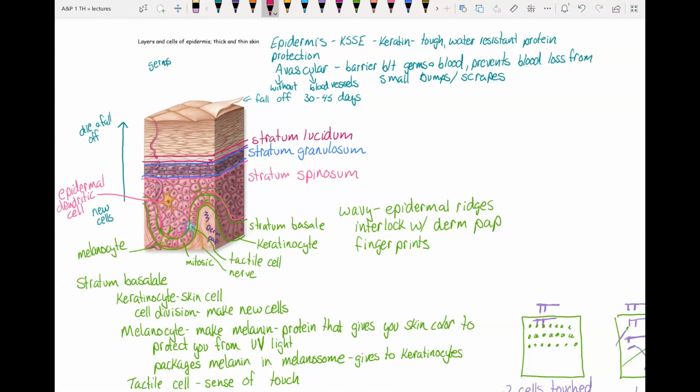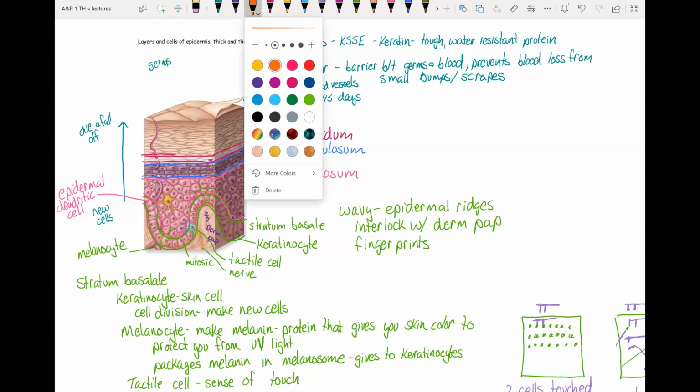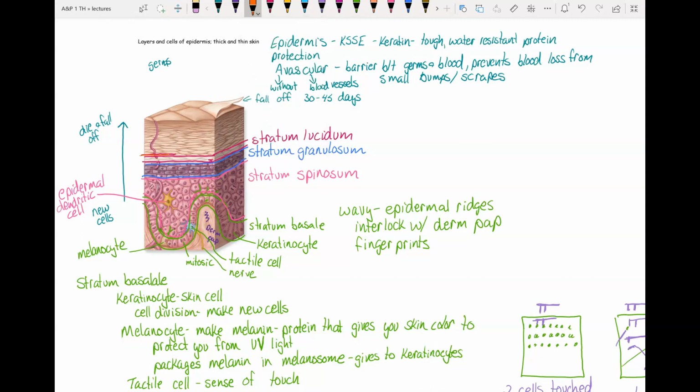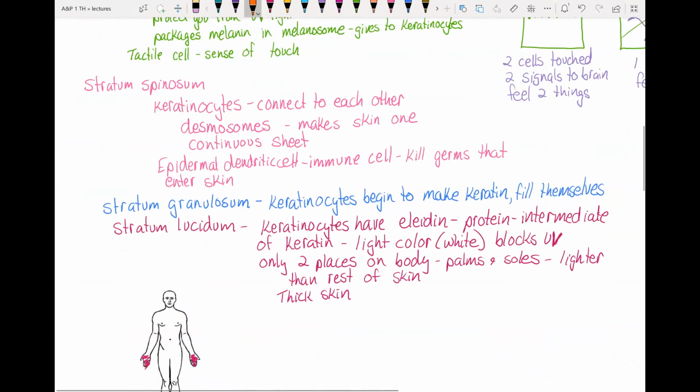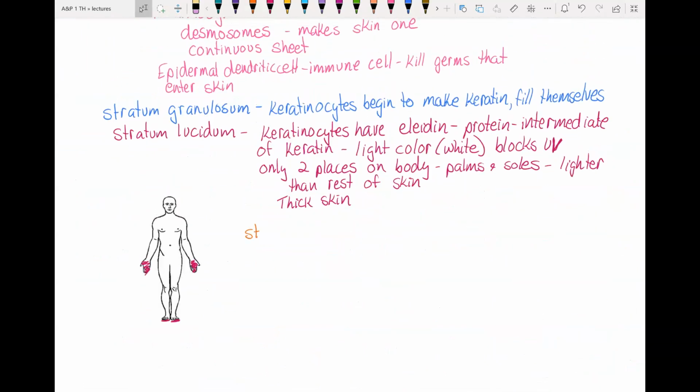All right, then we go on to the very top layer. All this up here is the stratum corneum. So this is the dead cells on the surface.